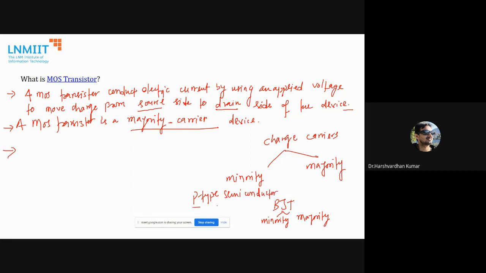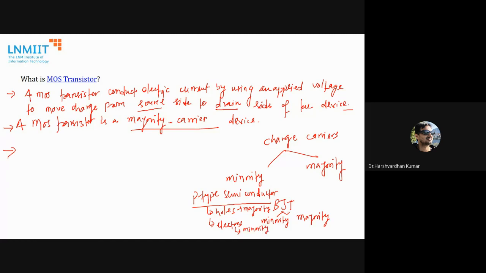So what are the majority carriers here in case of a p-type semiconductor? Holes. Good, good. You should answer in such a way that I like it. And what were the minority carriers here? Electrons. So here the electrons will be minority carriers, right?